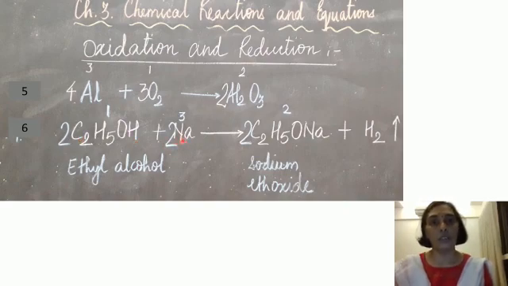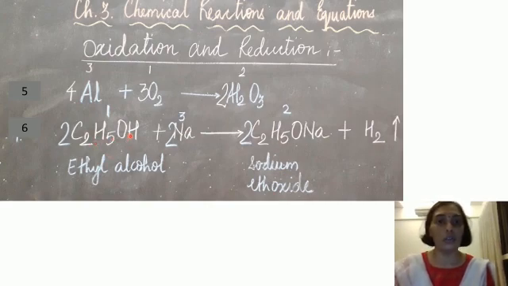It combines with sodium which is in solid state, and it gives rise to C2H5ONa, that is sodium ethoxide. What is the name of the product here? Sodium ethoxide, and with that we get hydrogen gas. So you can even make a box here also. This hydrogen you just have to skip.